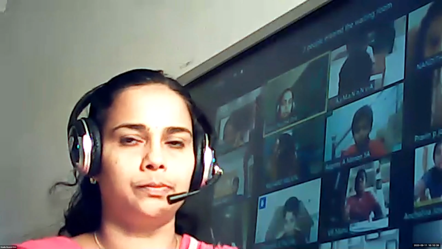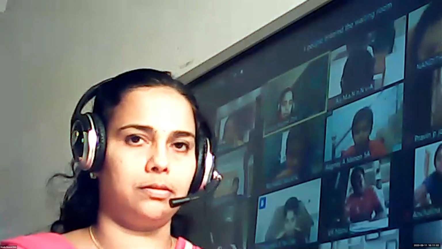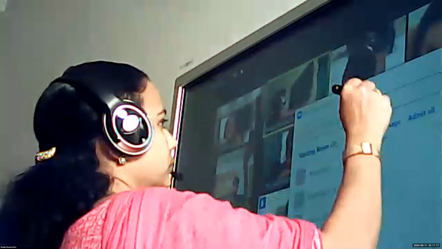Now 9: if the sum of the digits of the given number is divisible by 9, that means the given number is divisible by 9. And if the last digit ends with 0, then it is divisible by 10. Children, is it clear?